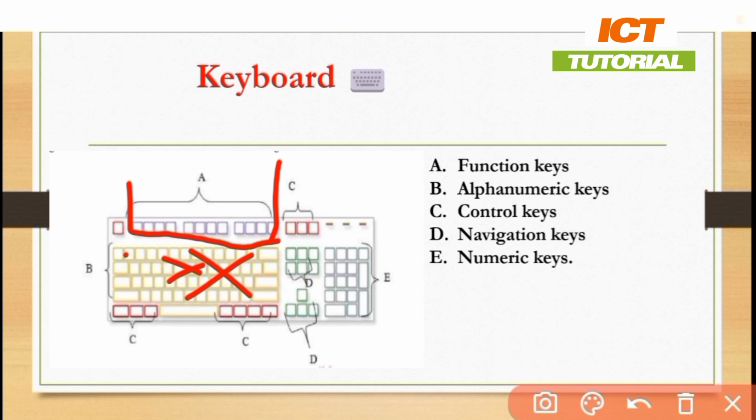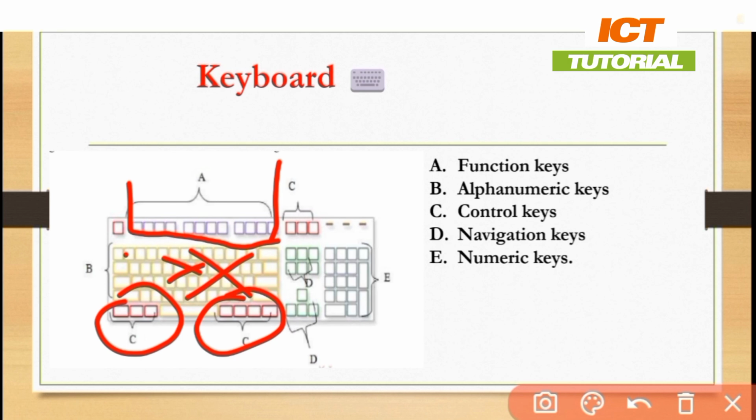So control keys, let's see, as you look at my screen. Remember, I say the control key, not the function key. The examples are control, alt, shift, home. This is the C. They are used for special functions, for special purposes.